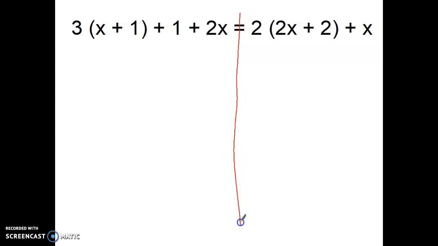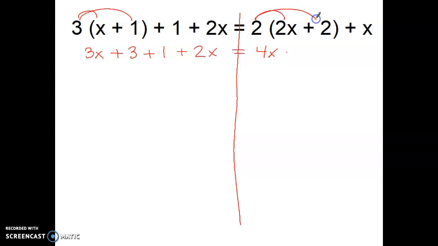Let's look at another example. We're going to see if we can hopefully follow those steps. Again, remember the first step is to distribute. So we're going to distribute this 3 times x to get 3x. 3 times 1 is 3, plus 1 plus 2x is equal to 2 times 2x is 4x. 2 times 2 is 4 plus x.